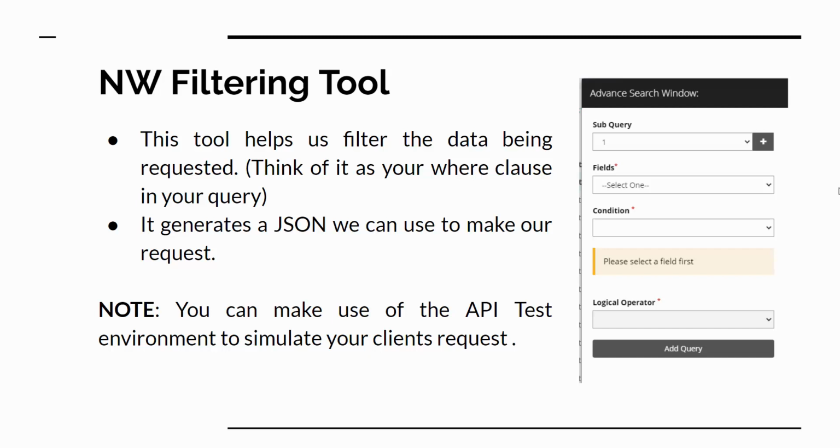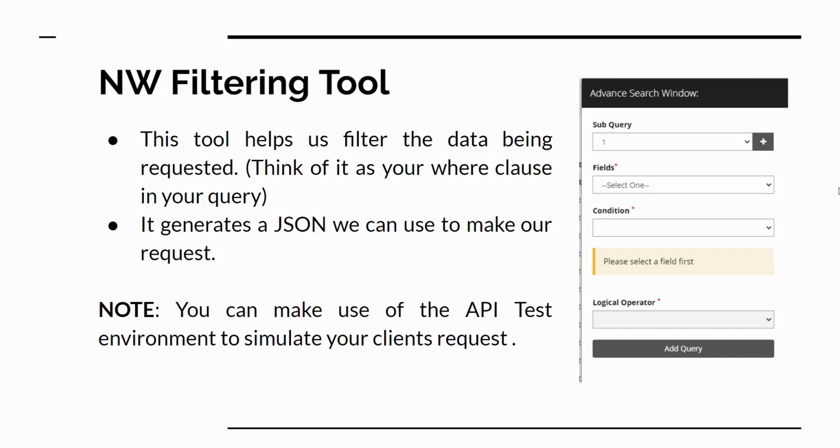And the last thing we'll talk about here is the NW filtering tool. Remember, these requests are like queries you're making to the NASSCO MIS database. So this NW filtering tool is what helps you to filter the data that you're getting back from your request. You should think about it like your where clause.